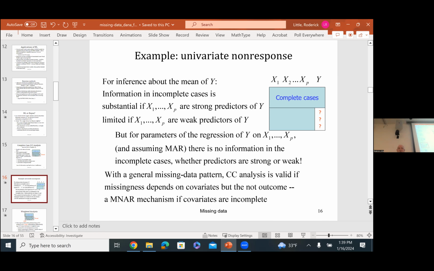So if you have missing data in the outcome in a regression, then there's no point in including those cases and imputing them, unless you have some x's that you're not including in the final regression, but are good predictors with missing values. So it depends on what you're looking at. So that's why it's a little bit complicated, but that's the real life.